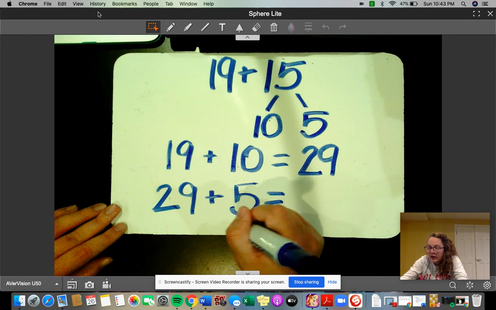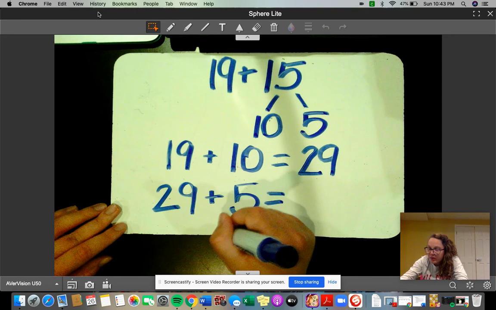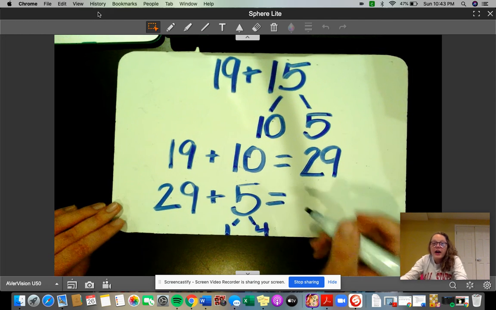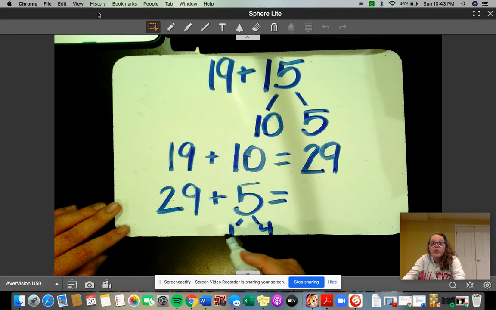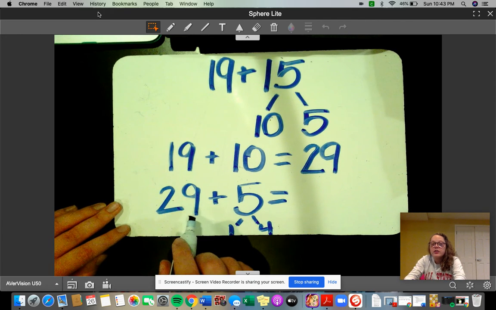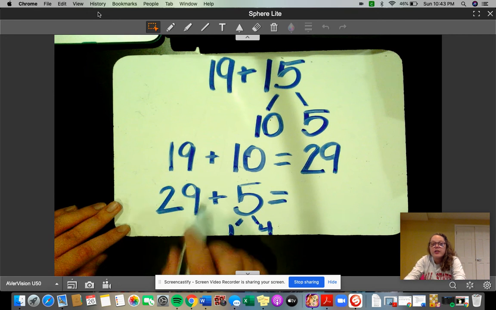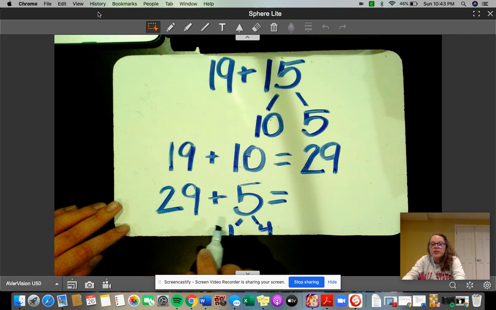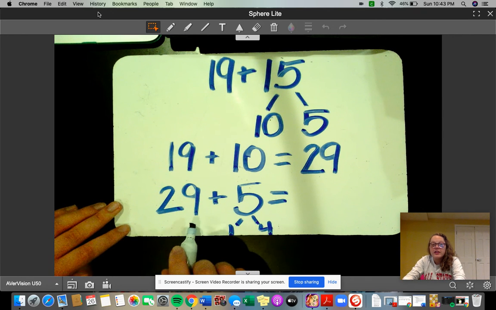I know that 1 plus 4 equals 5, so I'm going to make a 1 and a 4. And I also know that 1 plus 9 is going to be easy to do. So I look at the 29 also, and I know that I only need one more. So that's also why I'm going to choose 1, because I know that's going to make that easy.